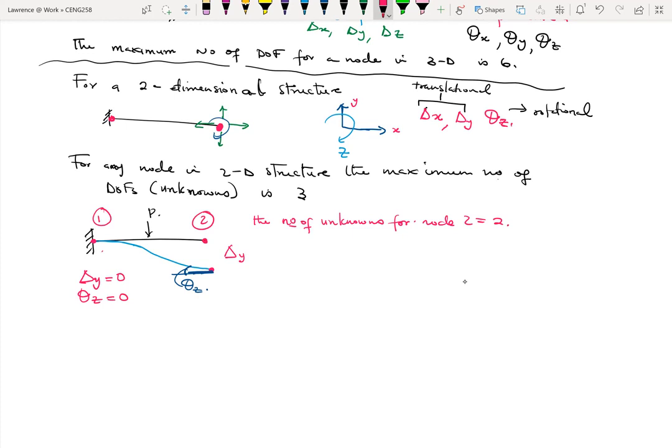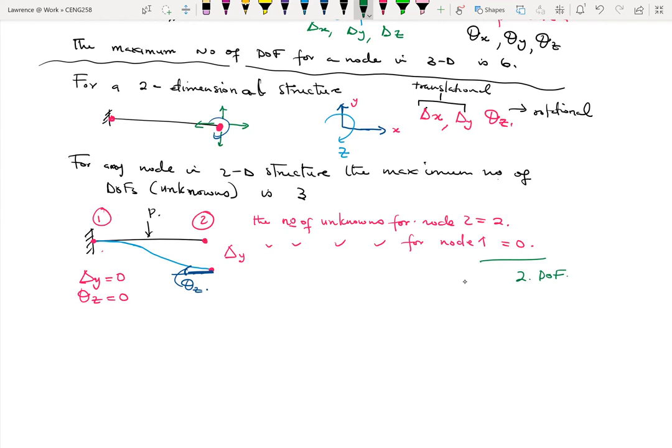Which means that for node 1, the number of unknowns for node 1 is equal to 0. So if you sum them up, you get 2. So 2 degrees of freedom.